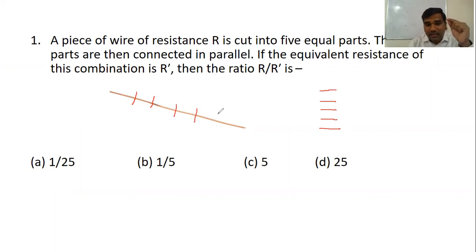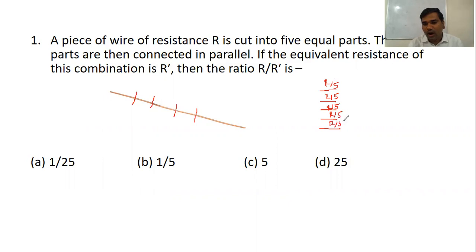Now each part of the wire will become R by 5, because when we connect them again in series it should be R. So each part of the wire is R by 5, R by 5, R by 5. We are connecting all these parts in parallel.